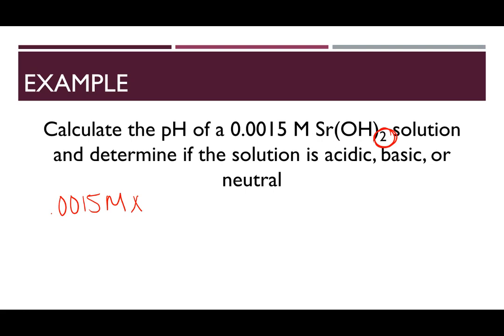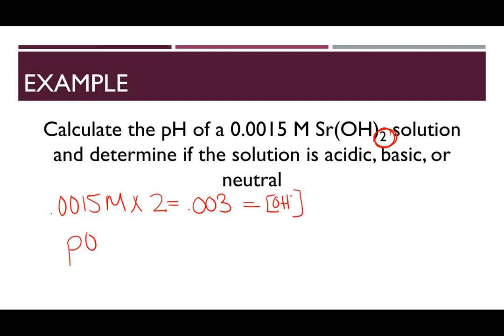Because I see this subscript 2 here. So when this strontium hydroxide breaks apart, it's going to release 2 molecules of hydroxide. So multiply that by 2. 0.0015 times 2 is 0.003. And that's going to equal the concentration of hydroxide.